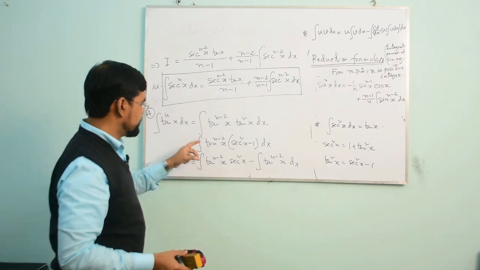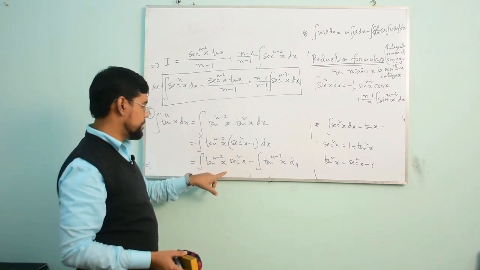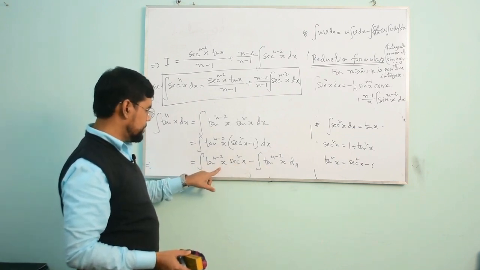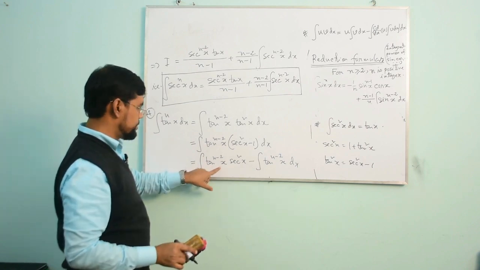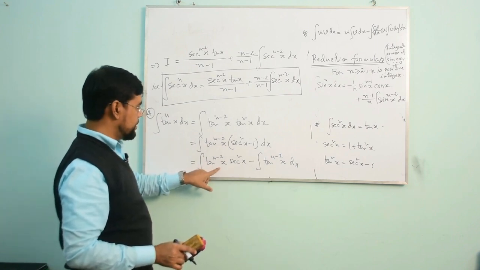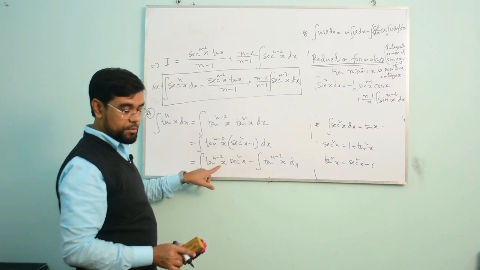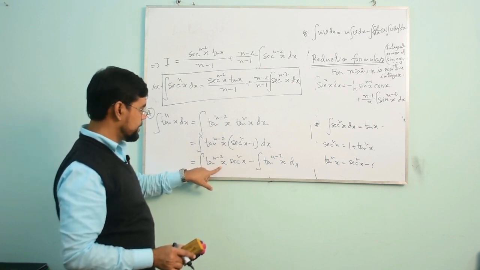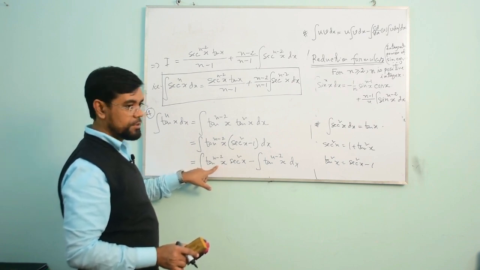So in the reduction formula you have this one, but how can we simplify this one or integrate this one? To integrate this one, we can use the method of substitution by letting tan x equal z.